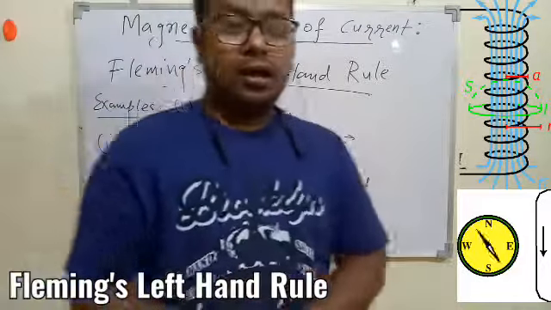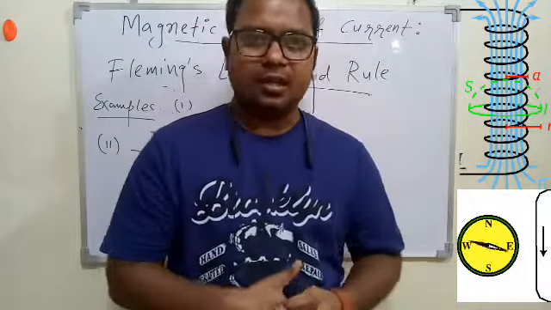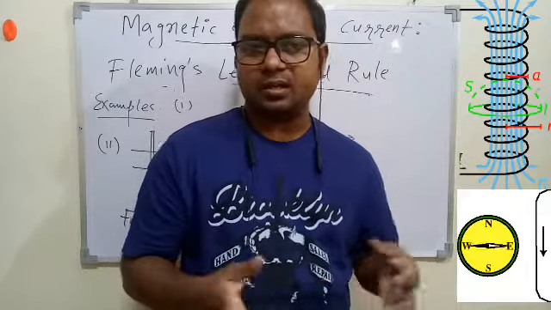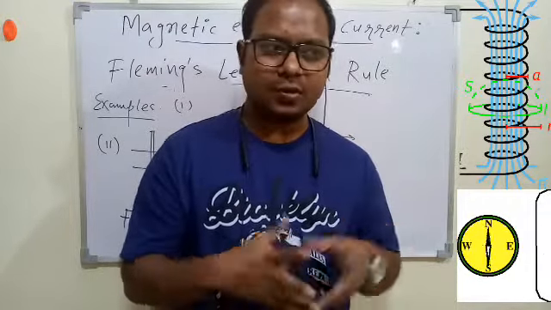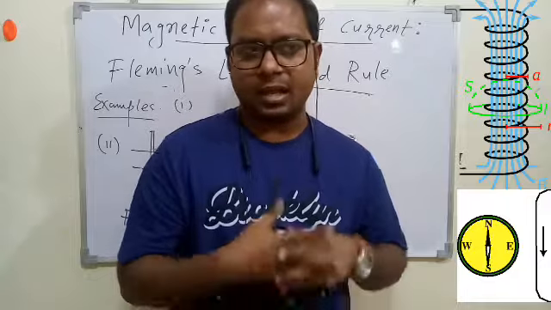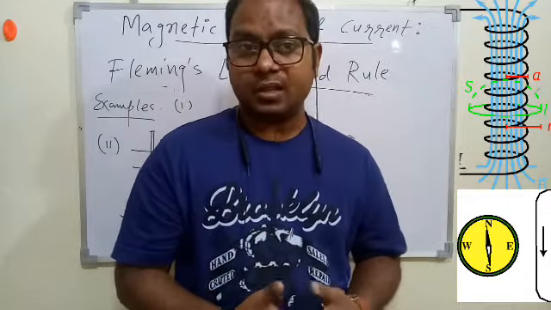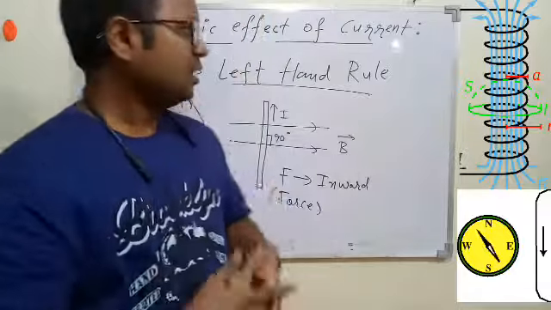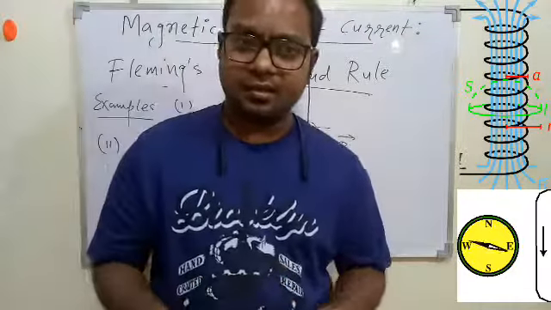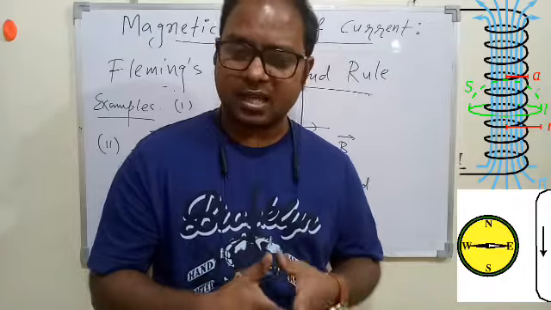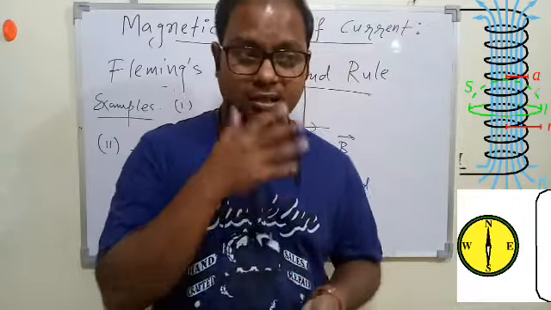So I hope you understood this much today. We started with the force experienced by a charge, means if it is not getting any force, then what will happen to the charge in a magnetic field? If there is a force, what will happen to the charge in the magnetic field? Then we understood that if a conductor itself having a current placed in the magnetic field, it must get the force because it also behaves as a magnet when the current is flowing through the conductor.